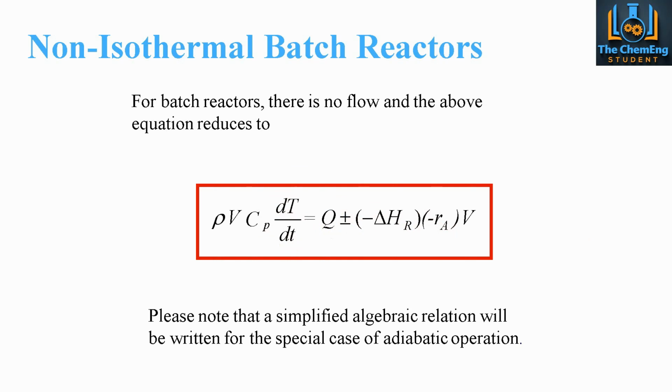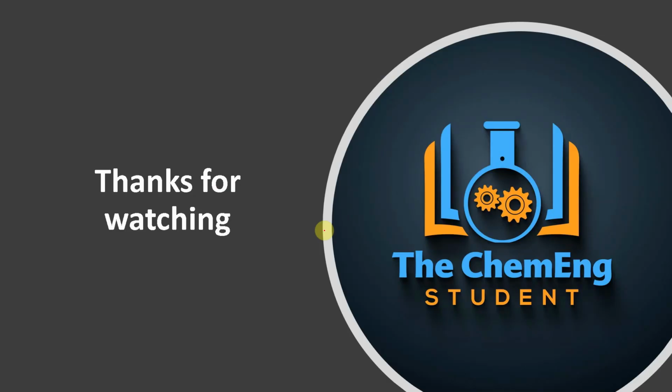So again, be sure to check that one out, and we'll have a look at the special case for adiabatic operations, whereby adiabatic takes into account the value of Q, so whether heat is coming into the system or leaving the system. So that's the end of this lesson.